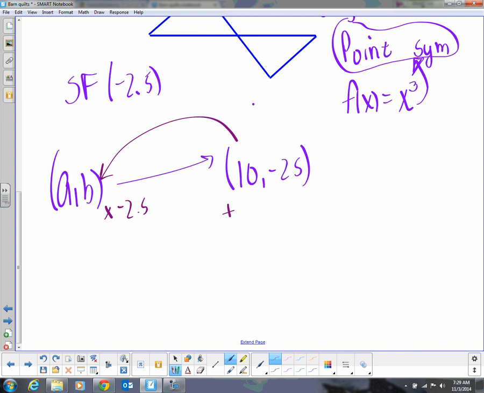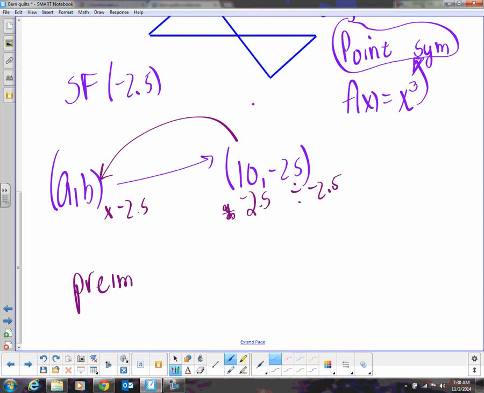Right. You got to divide 10. That's a division sign. You got to divide 10 by negative 2.5, and you got to divide 25 by negative 2.5. So on a dilation, to go from pre-image to the image, you multiply by the scale factor.